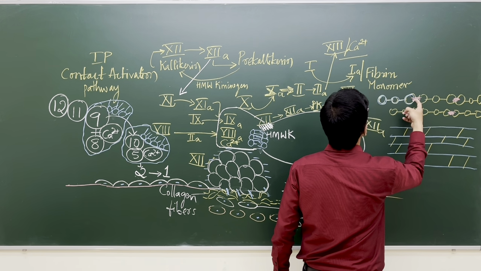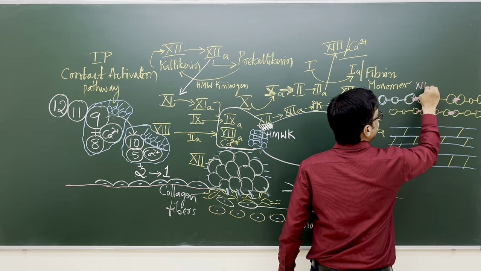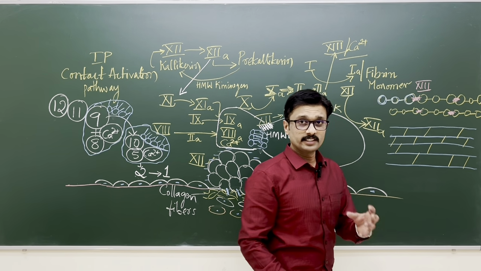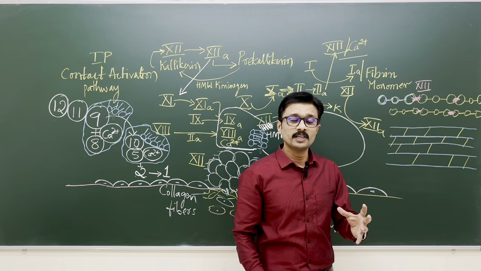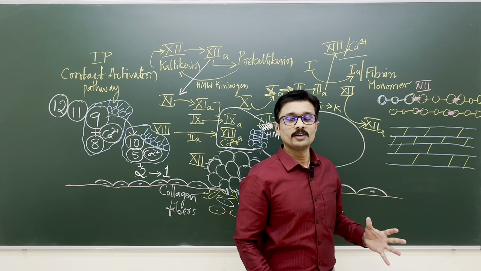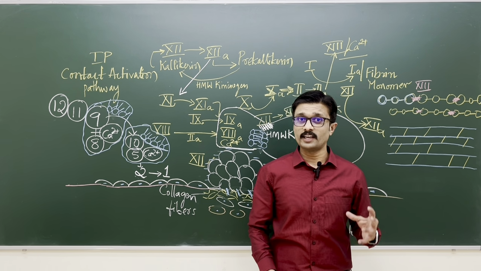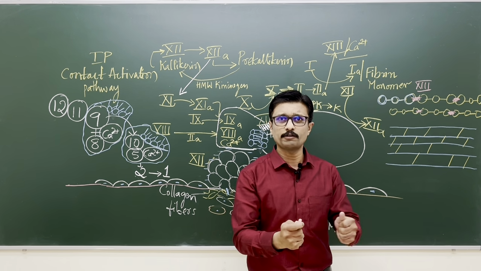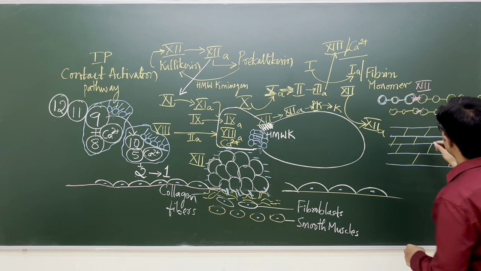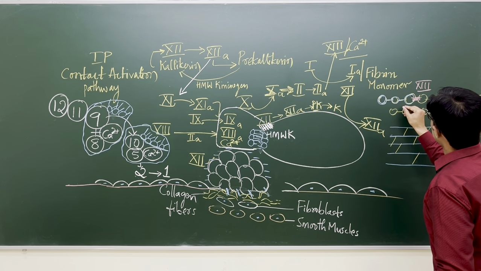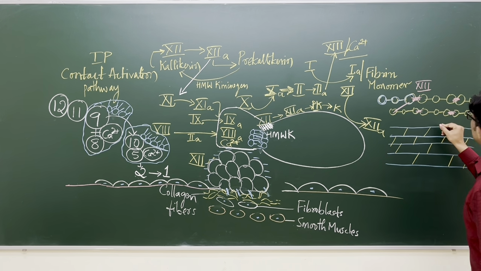So this linking is by the factor 13, fibrin stabilizing factor. So this fibrin stabilizing factor gives stability to the fibrin clot. So the final formed clot is a stable clot which is very tough. It cannot be ruptured so easily. And also cross linking I will show here. So this is like cross linking between the threads.